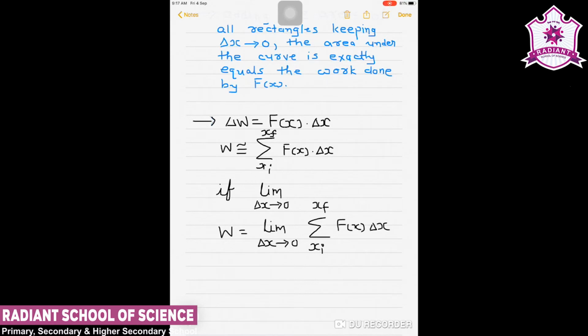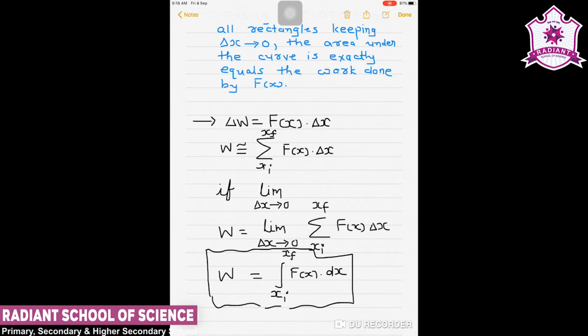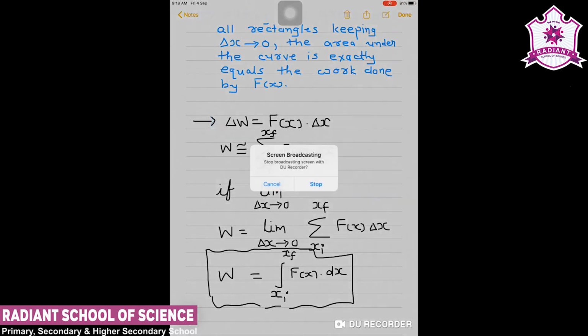But as we have shown, it is converted into the integration, from xi to xf of fx into dx. So that will be the total work done, and this is called the work done by the variable force. So this is actually the work done as asked to find out.